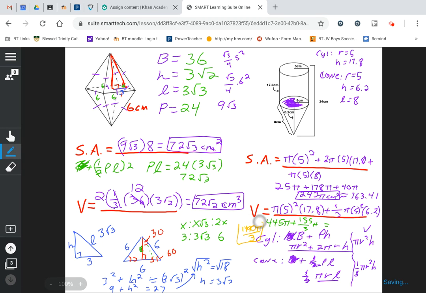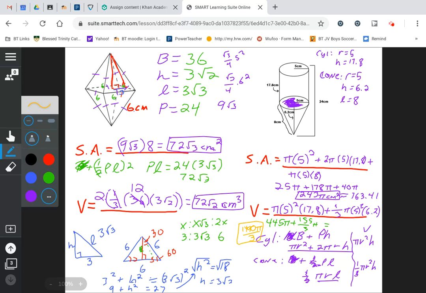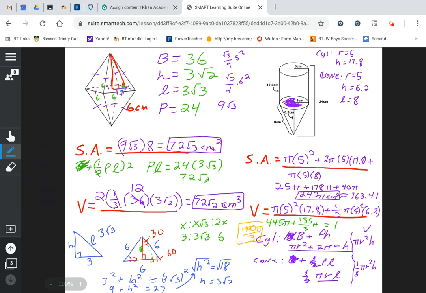That would be one answer. If I do it together, that's 496.6 repeating times pi. And so if I do that as a final value, we get a final rough estimate of 1,560.32.